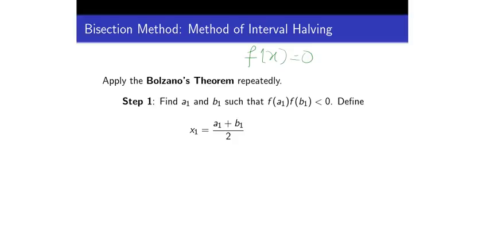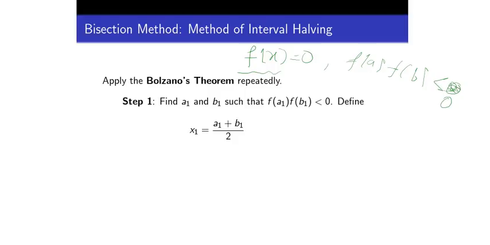So suppose f is continuous, and you can decide a and b such that f of a into f of b is less than 0, meaning they are of opposite sign. Let's call them a1 and b1. Then you take the midpoint of that interval.